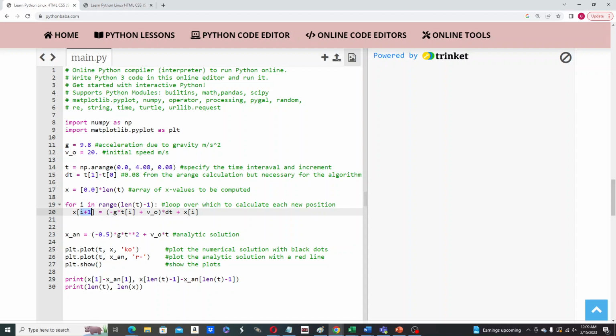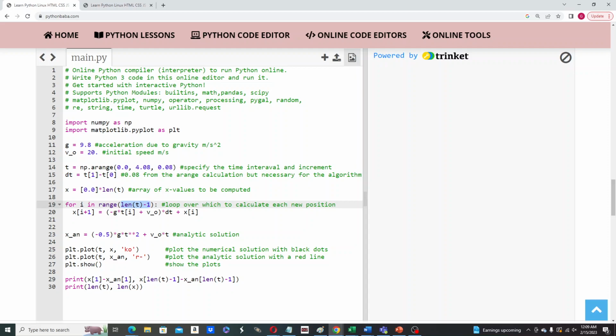Since the first elements in the arrays are already computed, I need to compute this loop one less time than that. So that's why I have the number of times to compute the loop as the length of the time element, or 51, minus 1. So I only need to compute this actually 50 times since the first elements are already supplied for us.